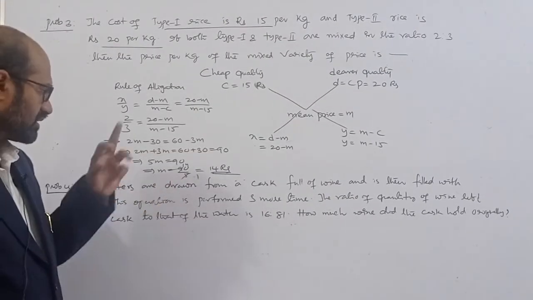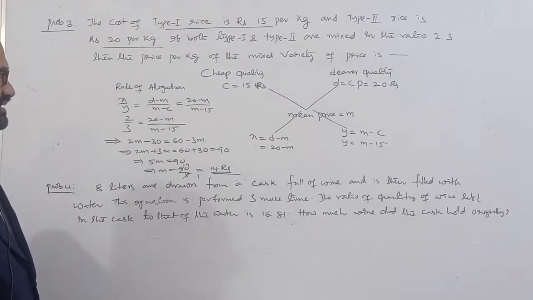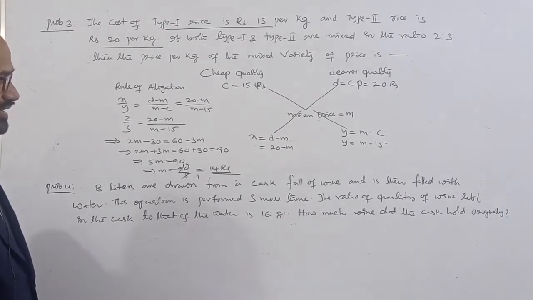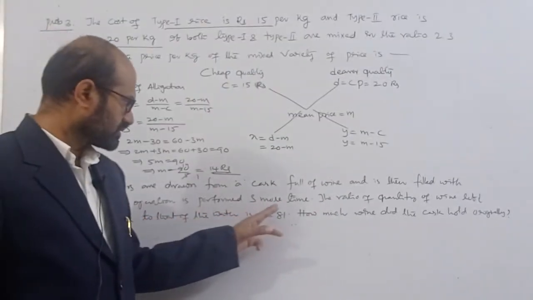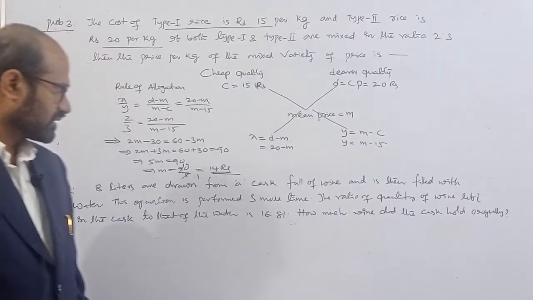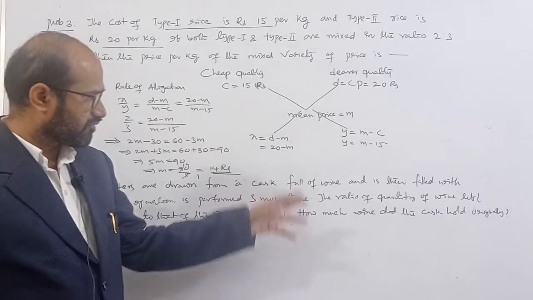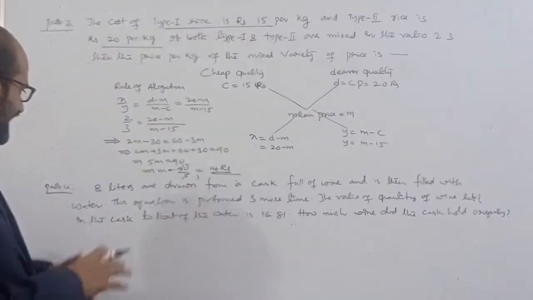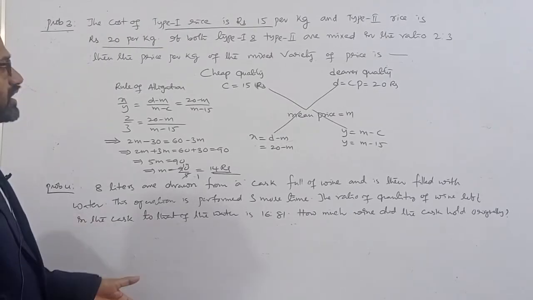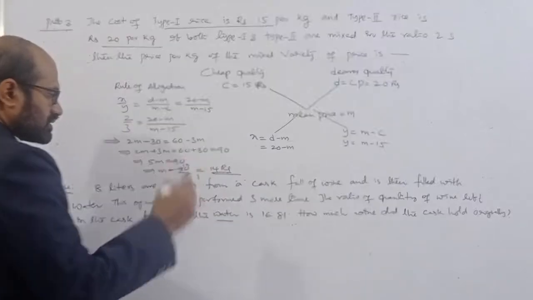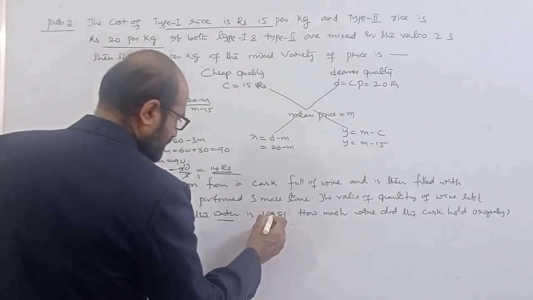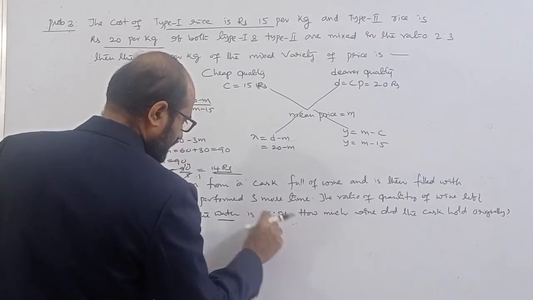8 liters are drawn from a cask full of wine and is then filled with water. This operation is performed 3 more times. The ratio of quantity of wine left in the cask to that of water is given as 16:81.